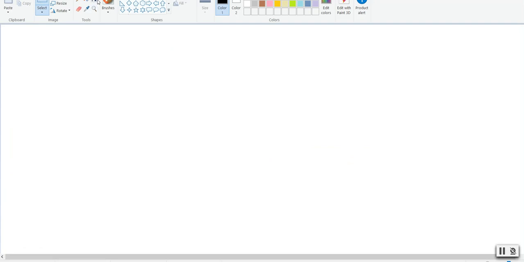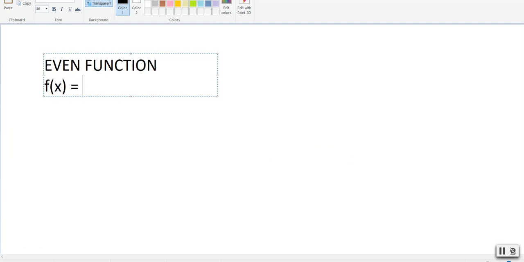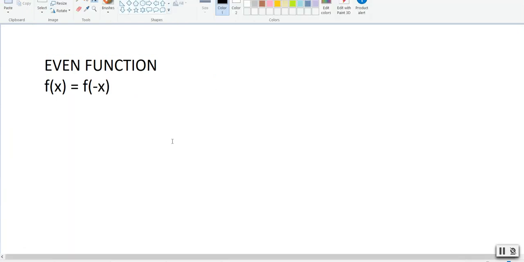This is the definition of an even function. f of x is the same as f of the negative of x, or the opposite of x. You will recall that we did some evaluating functions in a previous section. Well, if we substitute negative x into the original function everywhere there's an x, and these sides come out equal, then we know that we have an even function.